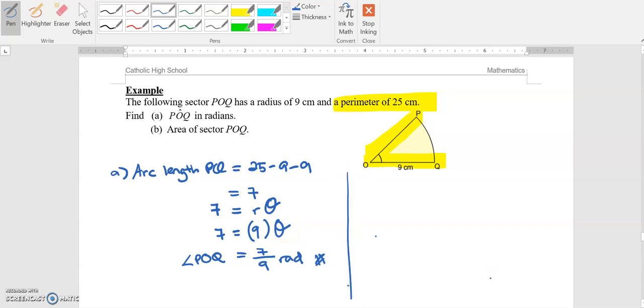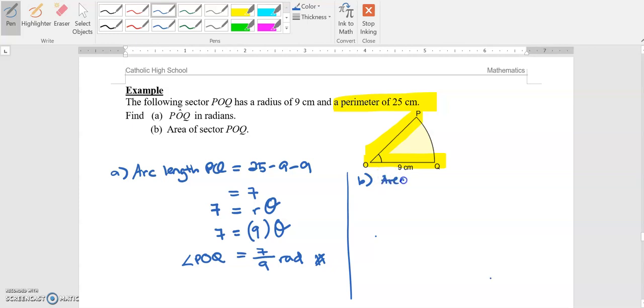Knowing the angle POQ now, we can go find the area of sector POQ. If you have your angle in radian, then you have to use the radian formula for area of sector to solve this.